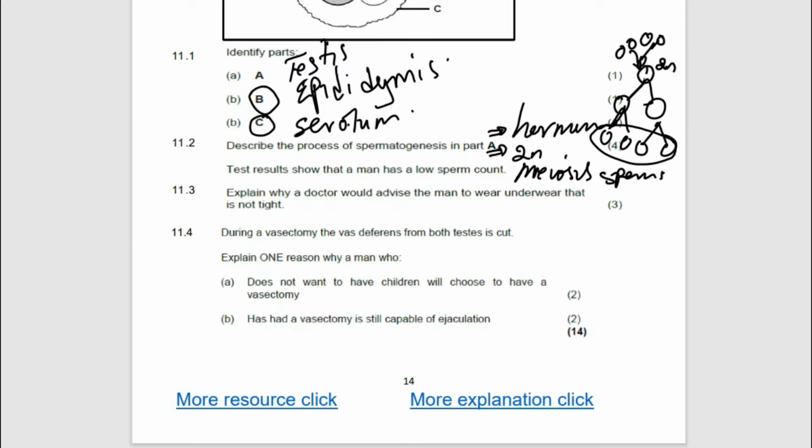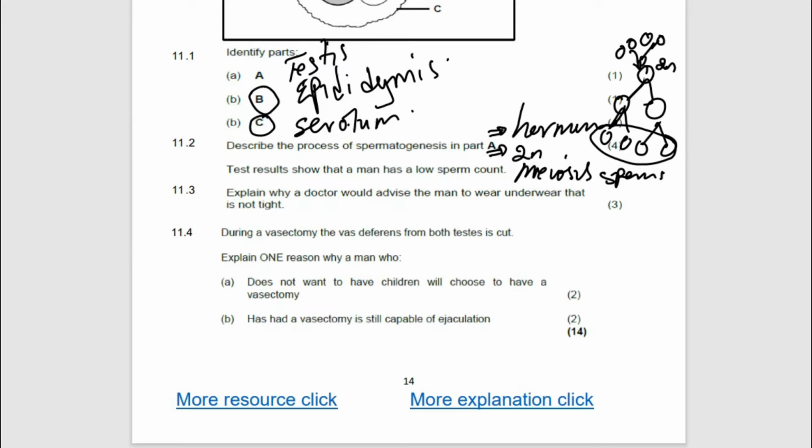But now, how do you answer that in the exam? Maybe you can say that the tight underwear will put testes close to the body. When you put it in tight underwear, it will pull the testes close to the body. And then this will cause testes to have high temperatures or too much temperature.